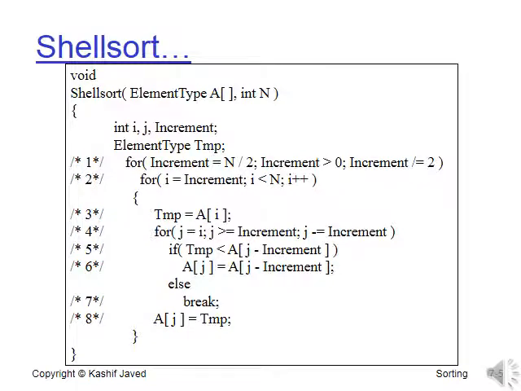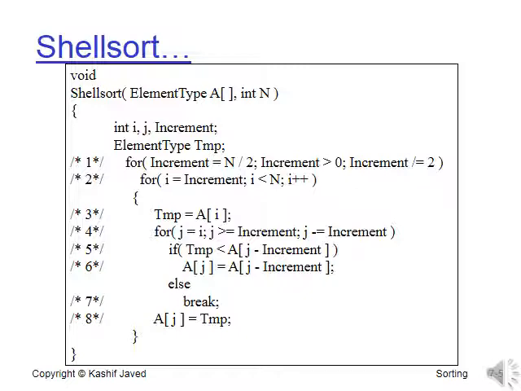Let's observe a snippet of Shell sort code taken from the book. Here in the implementation, the function named shellsort accepts two arguments, variable a and n. Variable a is an array of type ElementType. ElementType is typedef to an integer.